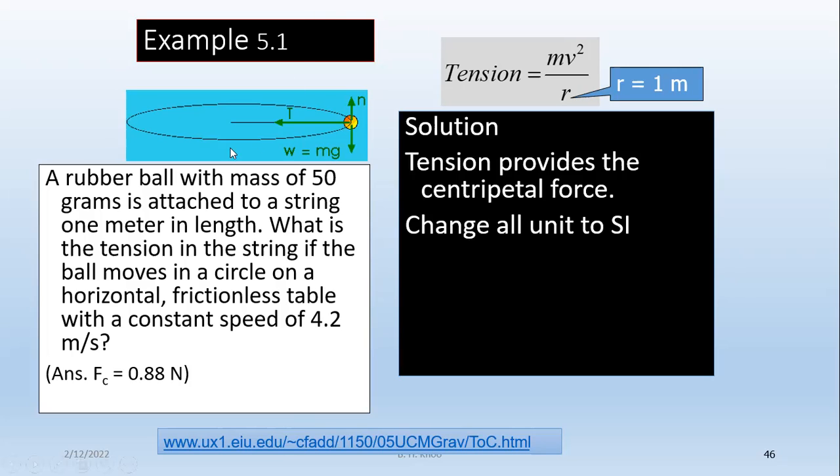You are told that's a string of 1 meter length. That's the radius. Right? Change the mass to kilogram. That's the speed. 1 meter. 0.88 Newton. That's your centripetal force.